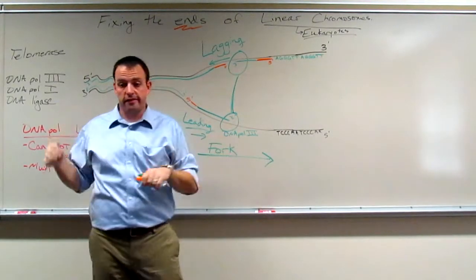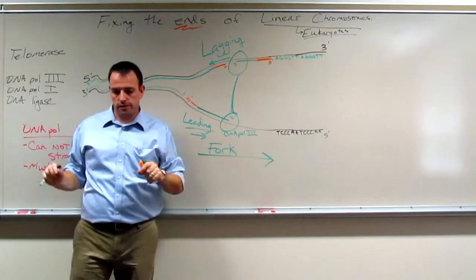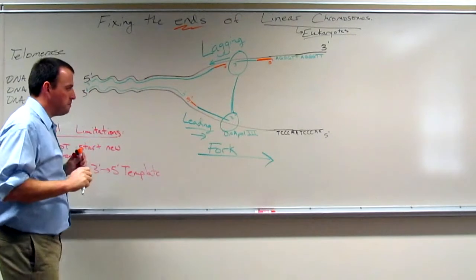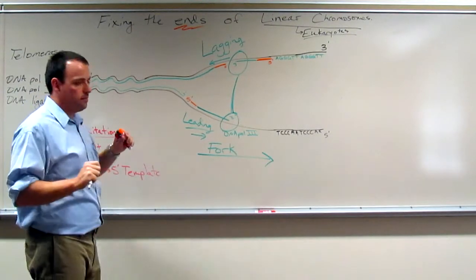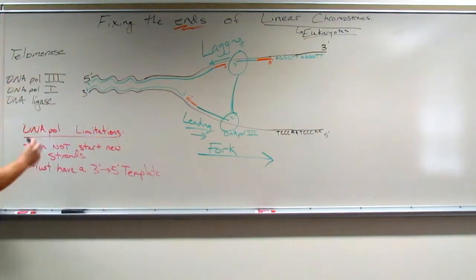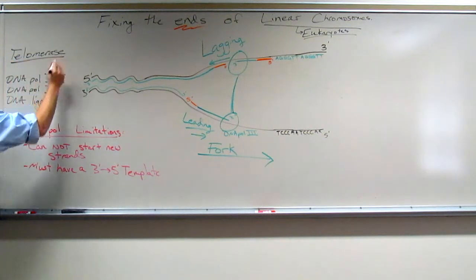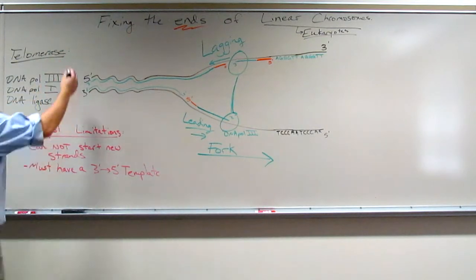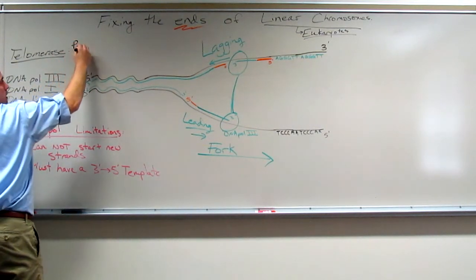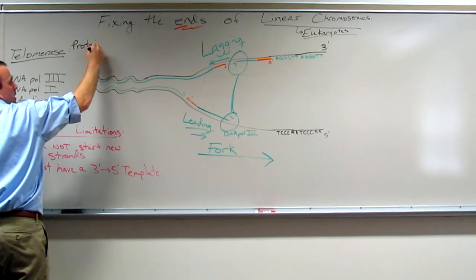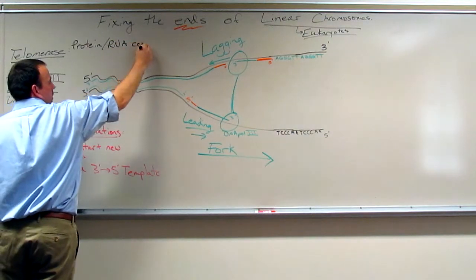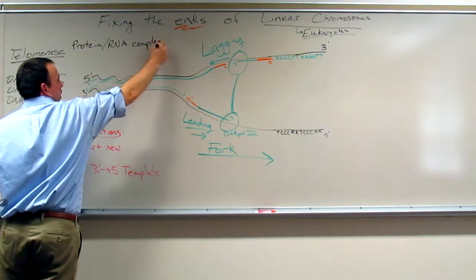So I'm going to explain to you the solution that all higher animals use to fix the problem of having linear chromosomes. Okay? So what are we going to use to do it? We're going to use an enzyme called telomerase. What you're going to find out is that telomerase is a protein RNA complex, right?